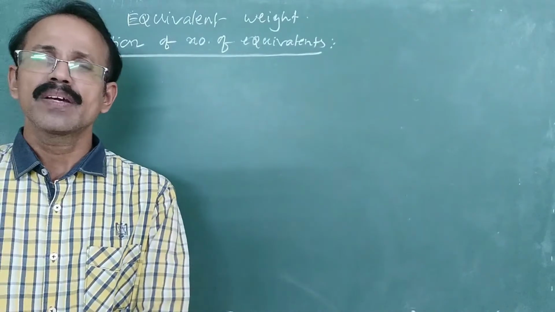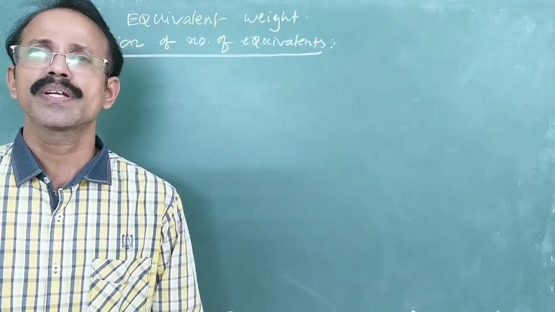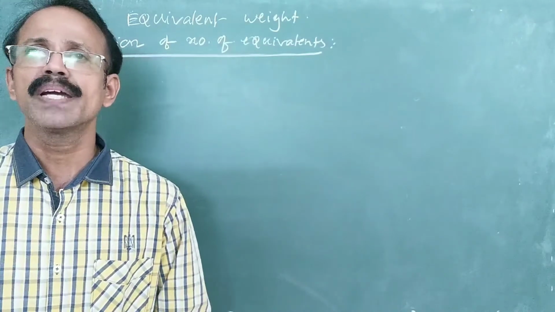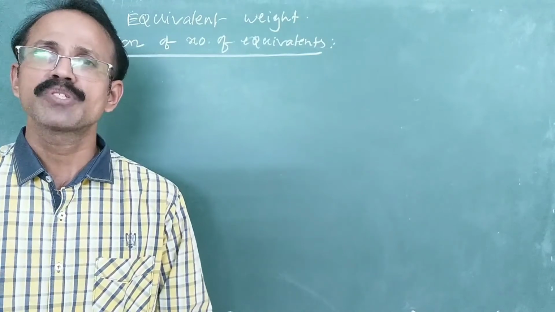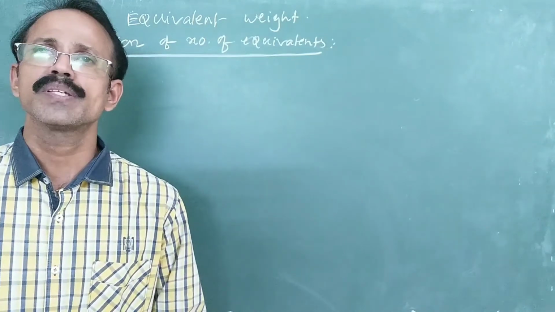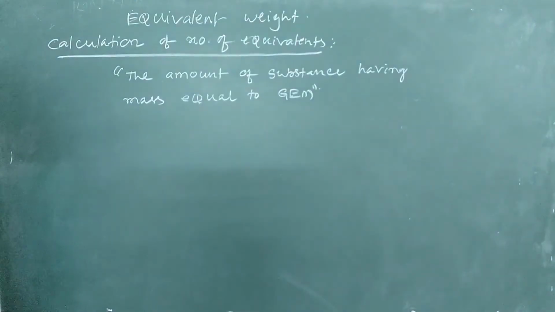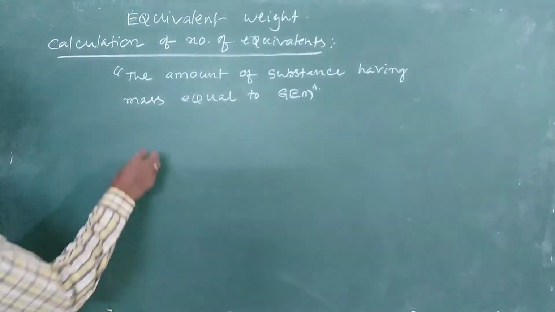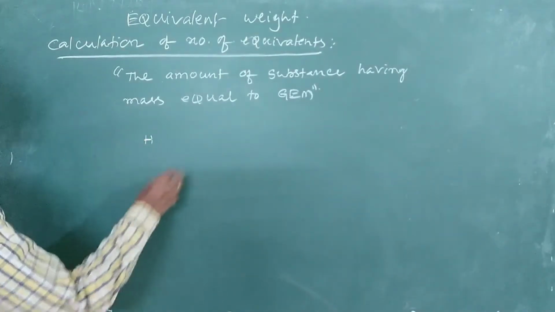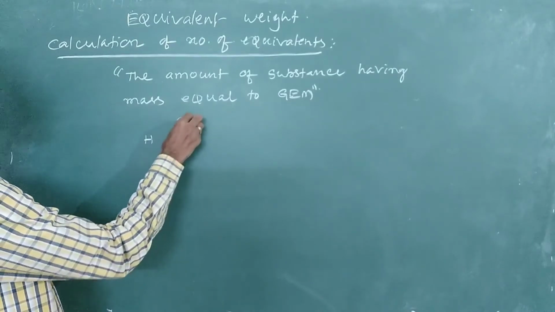Now we'll see the calculation of number of equivalents, and before going to the calculation we'll understand what is meant by one equivalent. One equivalent of a substance is the amount of substance having mass equal to gram equivalent mass. For example, if you consider hydrogen, what is the gram equivalent mass of hydrogen?